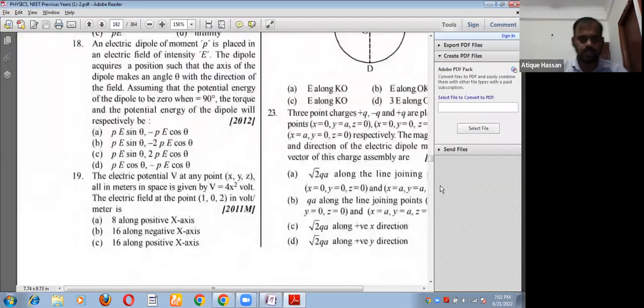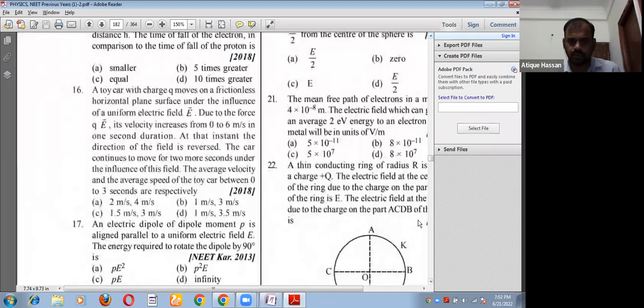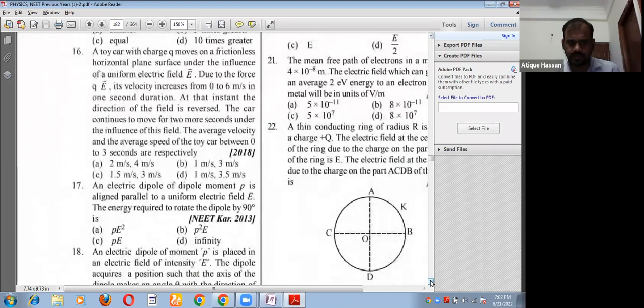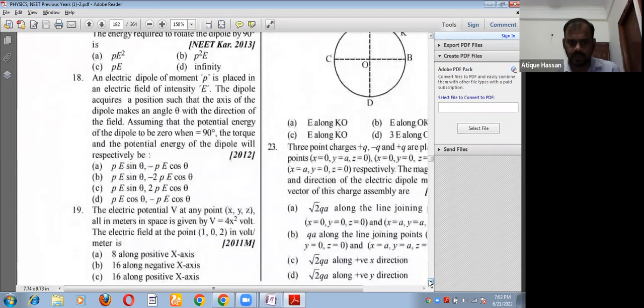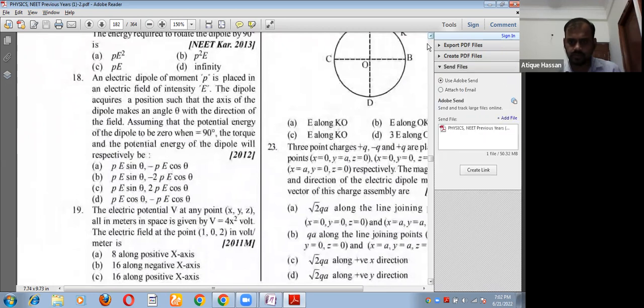Now come to the options. See which option matches your answer. It says 8 along positive x-axis, 16 along negative x-axis, 16 along positive x-axis.